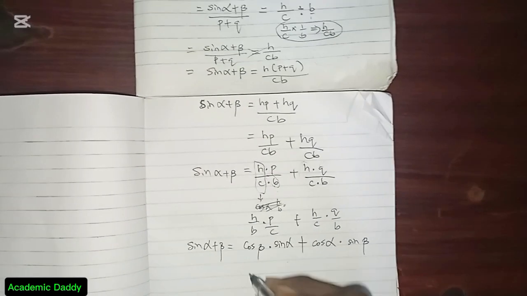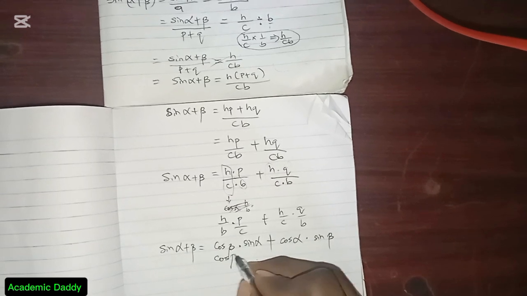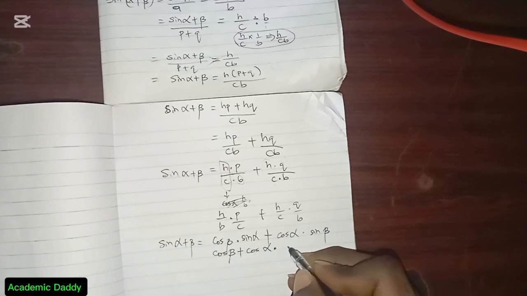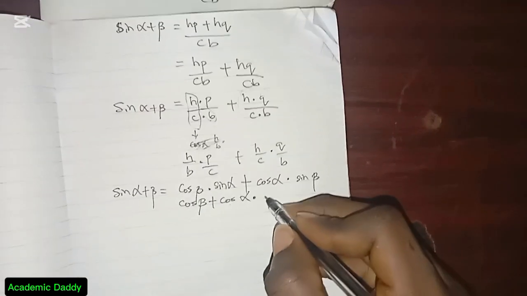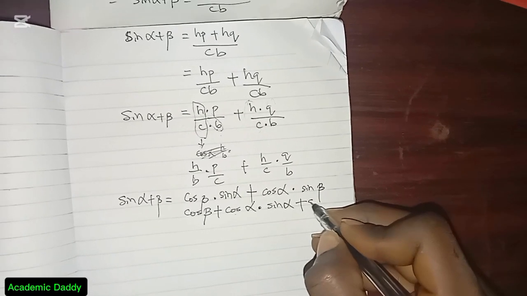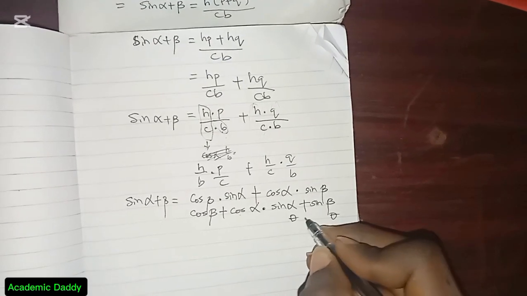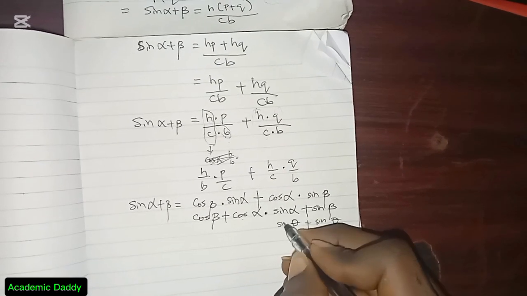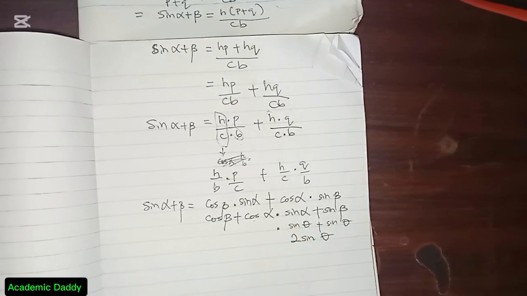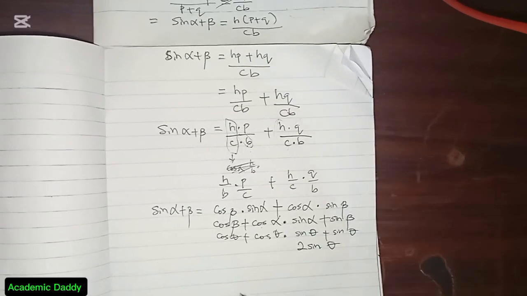So you can now see that if this is the case, this is now the same thing as saying cos beta sin alpha plus cos alpha sin beta. So let's say this is theta. So this is plus sin. So you can see that this is the same thing as saying 2 sin theta cos theta, because it's angles.